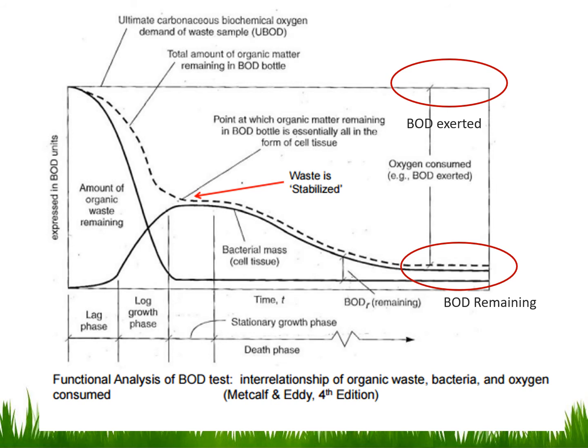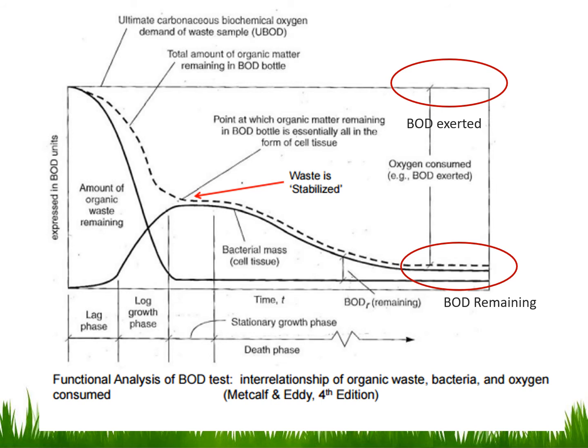In this one, we are also adding a portion of the dead microorganisms, which was explained earlier in terms of endogenous respiration, if you can recall. And then it is the oxygen consumed for the development of cell tissues, and then those cell tissues will be decomposed again when the food is finished. So this is the difference.